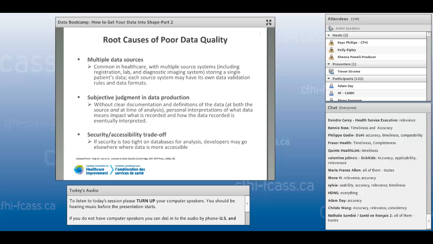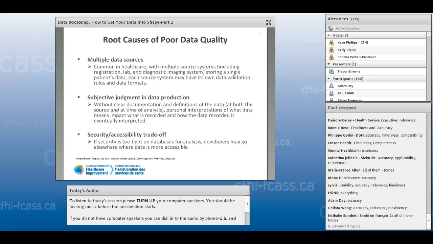and actually affect our ability to come up with meaningful analyses or interpretations of that data. We also see very often the security and accessibility trade-off, and this is in no way to minimize at all the importance of security and privacy of the information, but a lot of times, analytical folks and software developers and database folks, if they can't access information from one database, which may be the source of truth, they may actually go to other sources of data which may be less valid or may not have as many controls over the data.